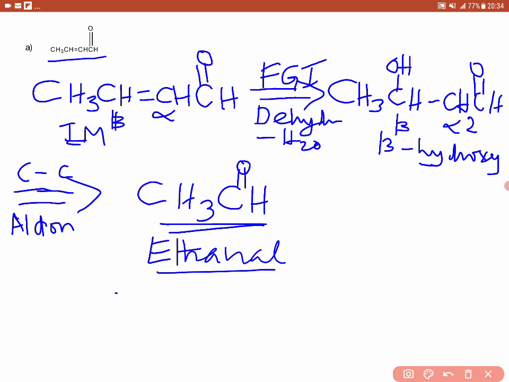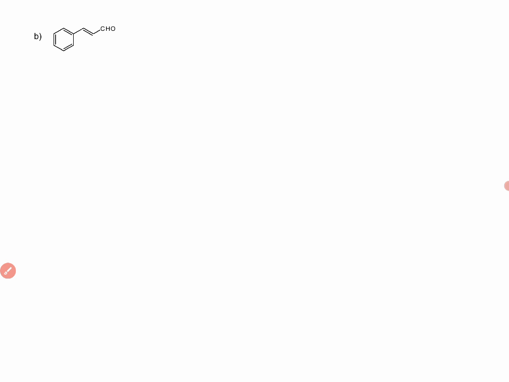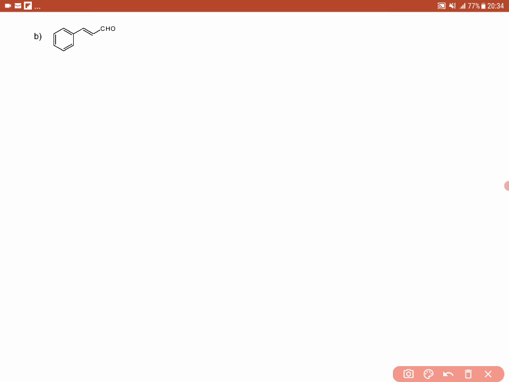For question number 2, looking at the molecule in the question, we have an alpha beta unsaturated carbonyl.